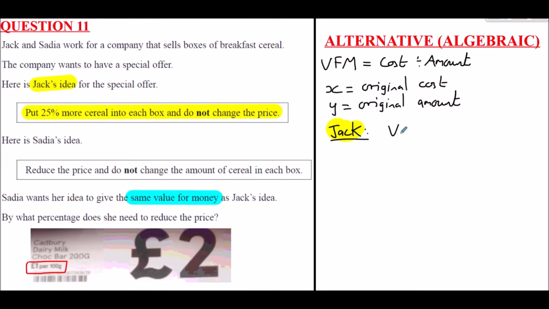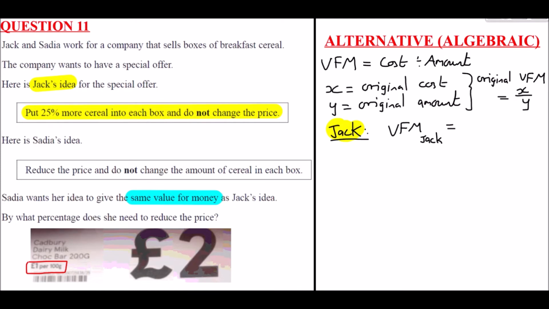So the value for money for Jack, so the value for money is cost divided by the amount. So from that, the original value for money would have been the cost, X, divided by the amount, Y. But what Jack's doing is he's taking the amount and putting 25% more into it.